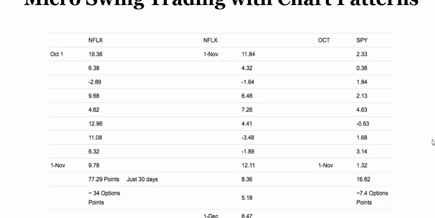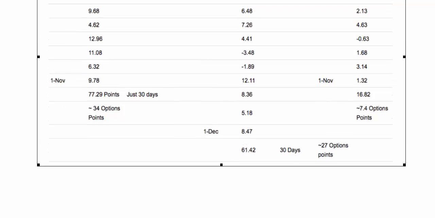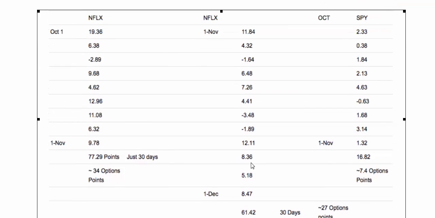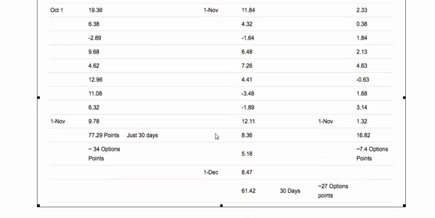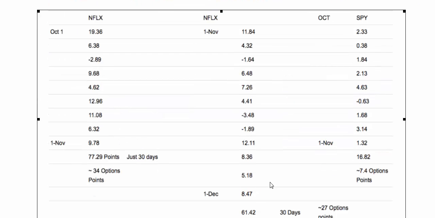I don't know if you can see this very clearly. It's a little fuzzy. I did a screenshot. Here's a chart pattern in motion done repetitiously. You can see in this example, this is just 30 days, and on Netflix we have 77 profit points, all added up, wins versus losses. Down here we have 61 points, and then you have SPY, with 16 points.